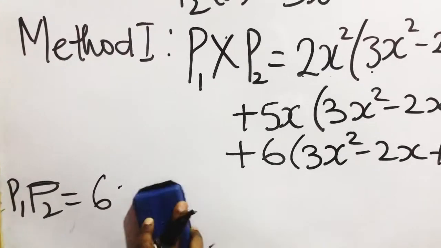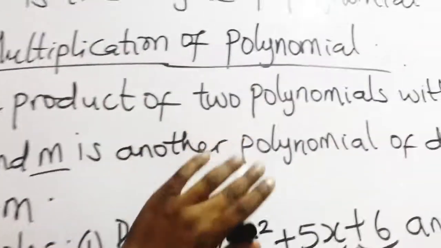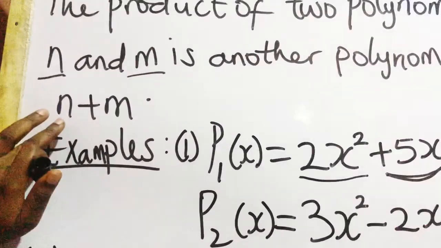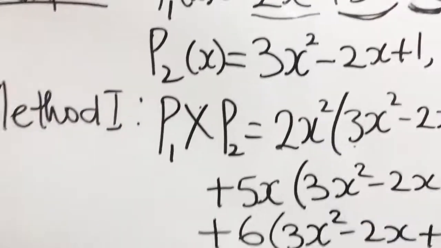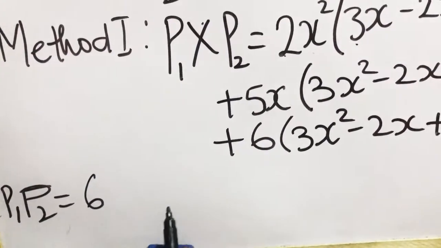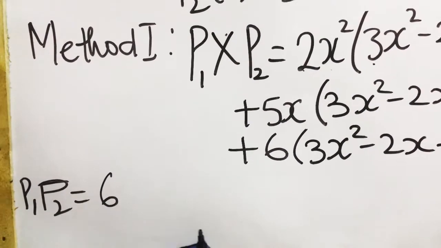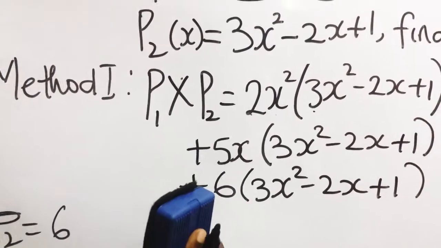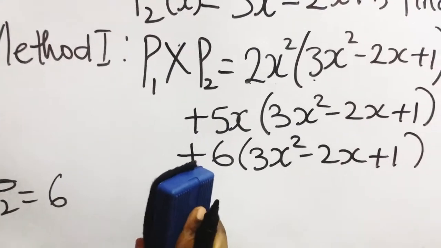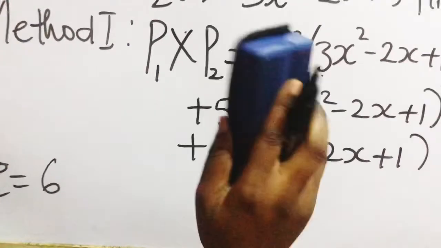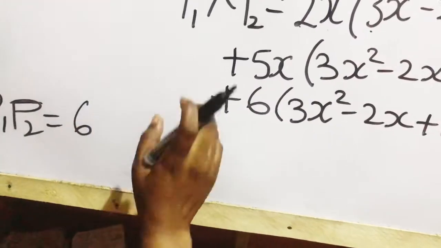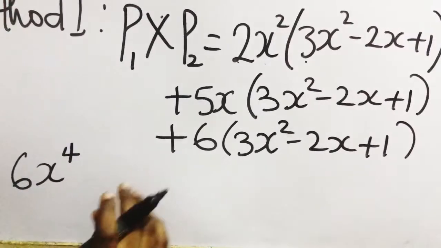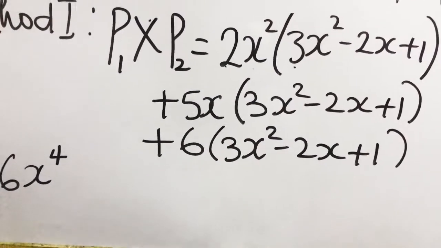So that is what we are trying to say here, that the product of two polynomials with degrees n and m will give you another polynomial with degree n plus m. So whenever you are multiplying polynomials, the degree of that x will be the addition of the two degrees. So here now 6x raised to power 4. You are going to add the powers together.